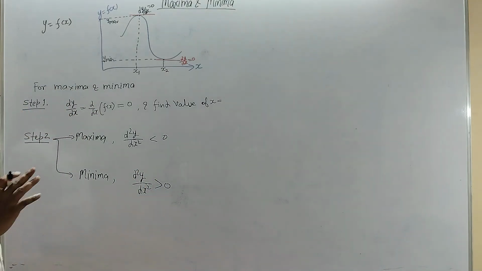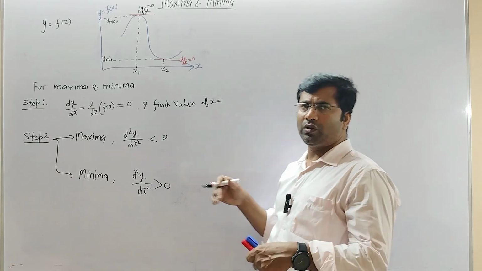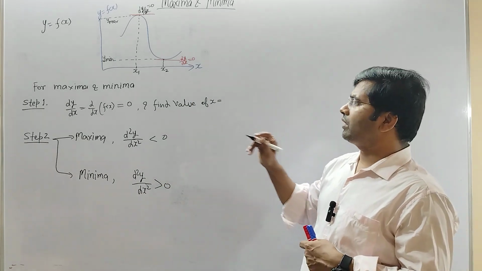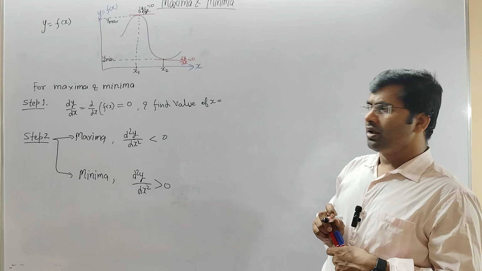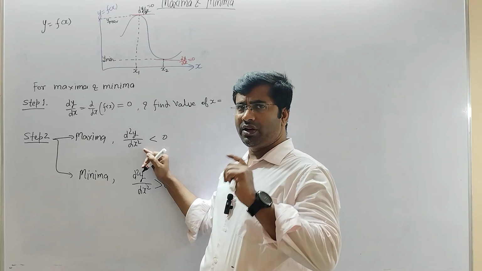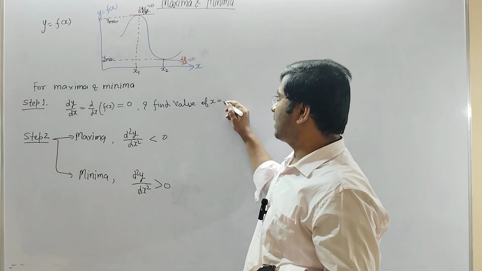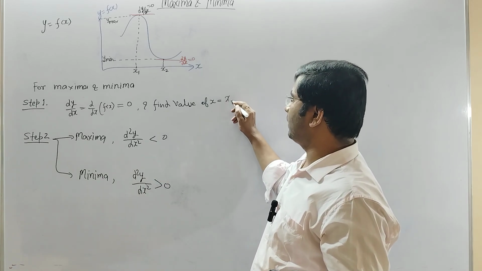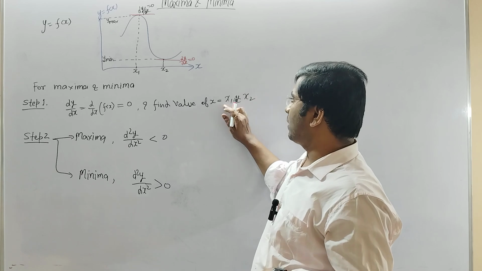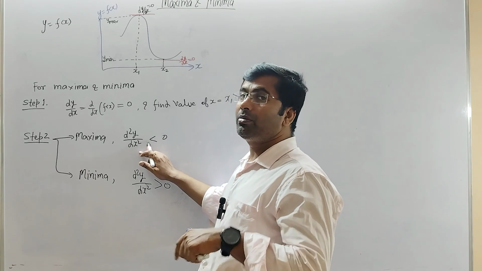So what we have to do is always find dy upon dx, put it equal to 0, and get the value of x. At what x do we get dy upon dx equal to 0? That is condition 1. Then for maxima, the double differentiation must be negative at that x. Let's say you get values x1 and x2. So at x1, we will check whether d square y upon dx square is negative or positive.